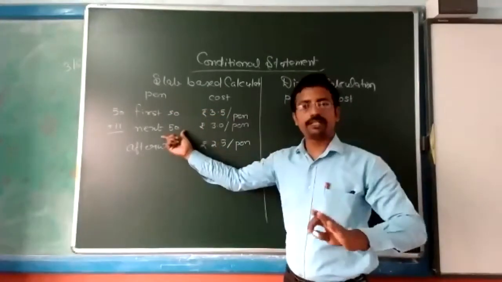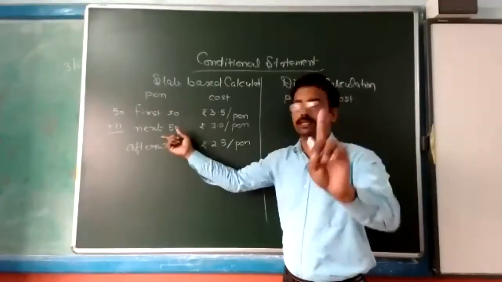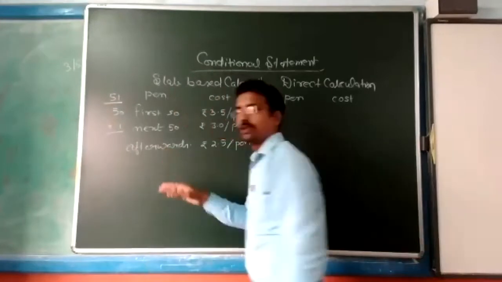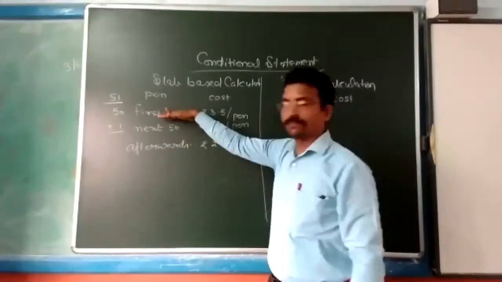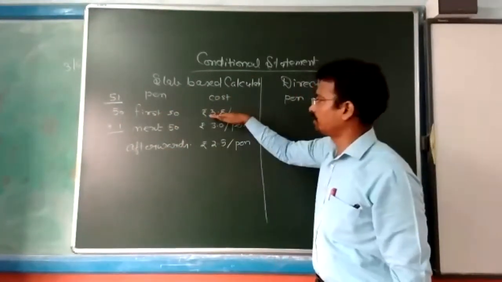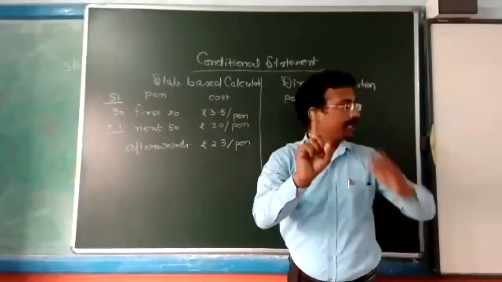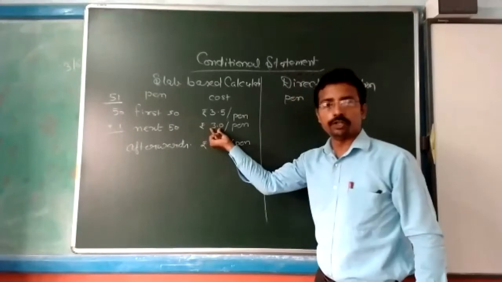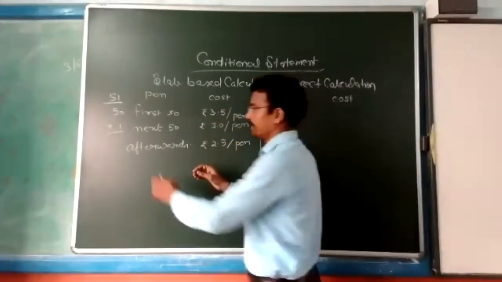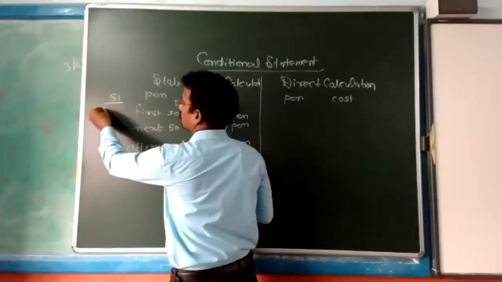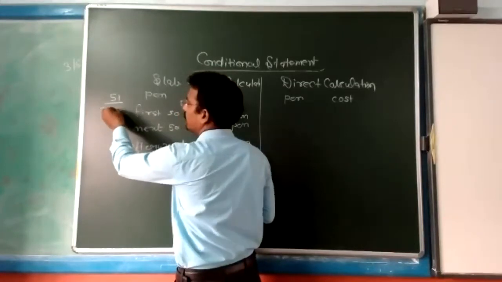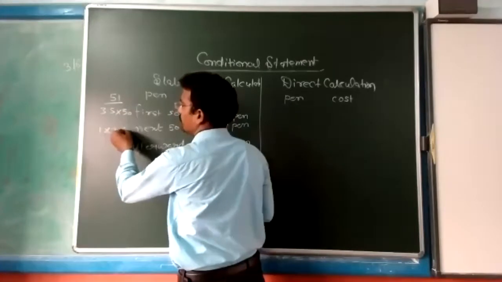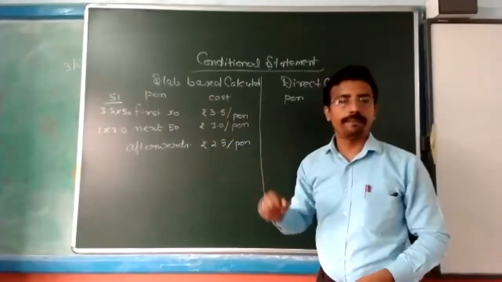If you are purchasing more than 50, suppose just 51 pieces, then 50 is multiplied with 3.5 and the one piece that is in excess of 50 will be calculated with 3 rupees. So your cost will be 3.5 into 50 plus 1 into 3 rupees. This way your cost will be paid.